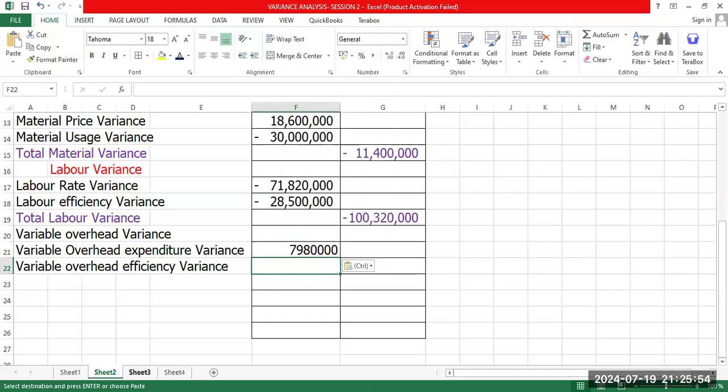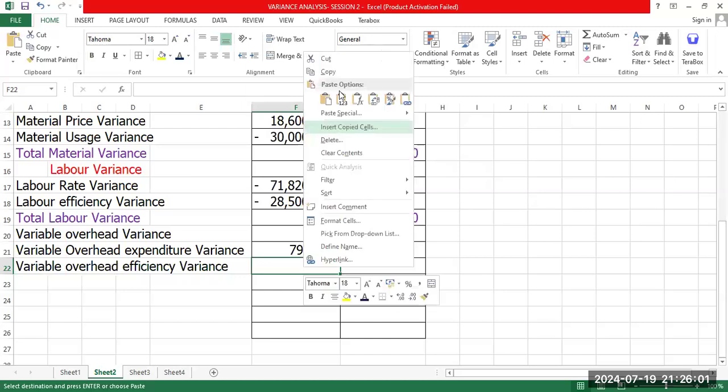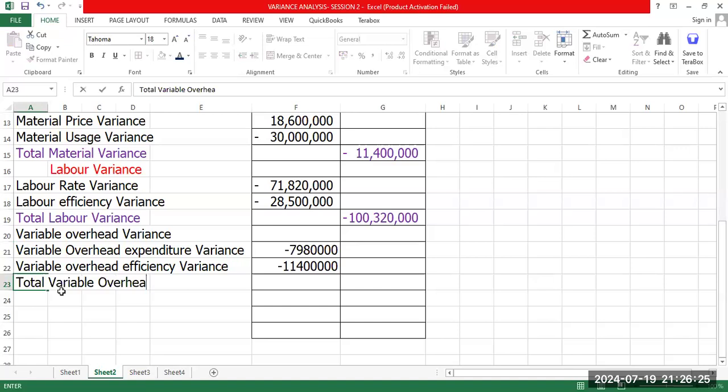Then here it is this amount. But all of them are adverse, so put negative or put your figures in brackets. And finally, what will be your total variable overhead variance?